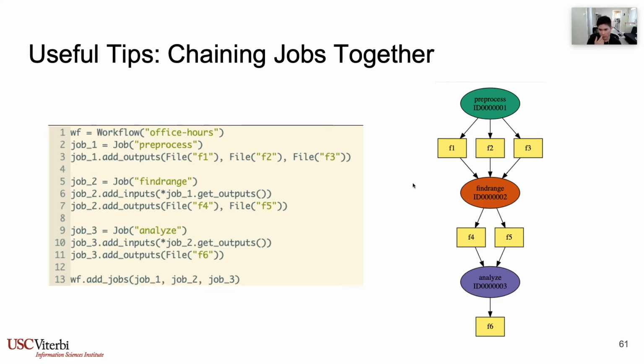So this is really easy to do using the Python API. The first thing you do is create the first job, then we'll add a number of output files to this job, then we'll create the next job in the chain, and then here, when we get to adding the inputs that are used by this job, we can simply call job_1.get_outputs, which returns a set of all the output files for job 1, and then we'll put a star in front of it.